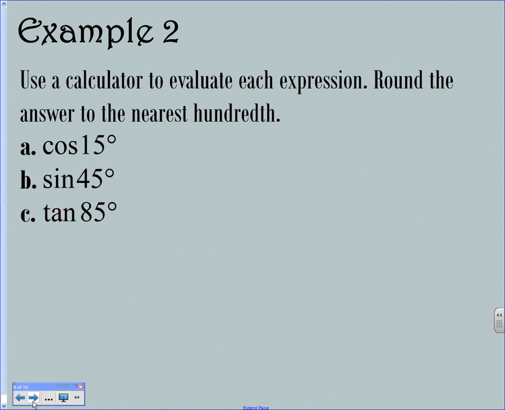All right. Use your calculator to evaluate each expression. And we want to round to the nearest hundredth for each of them. So if you are using a graphing calculator, anytime you use trig, you need to make sure that it is in degrees and not radians. So if you're using one of the calculators from over there, you need to pay attention closely.